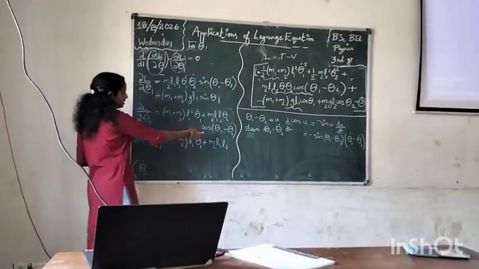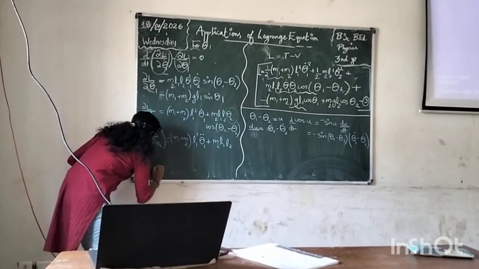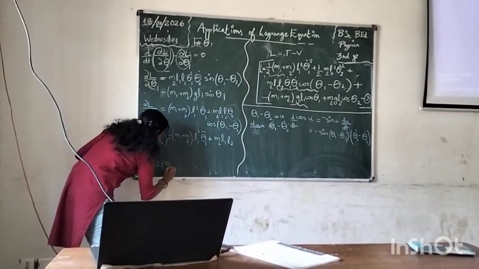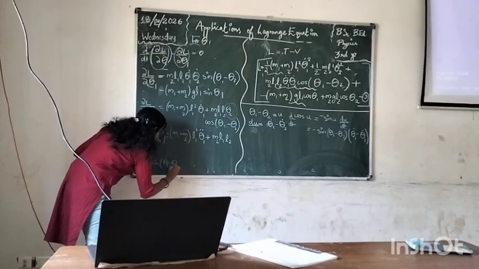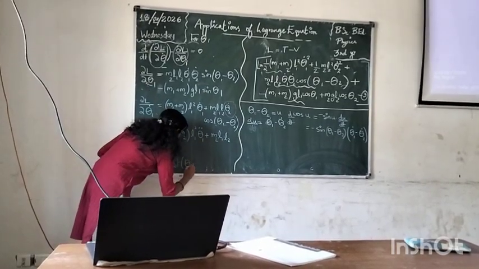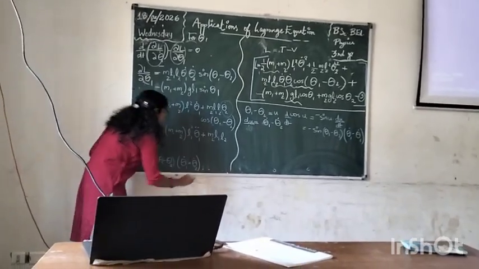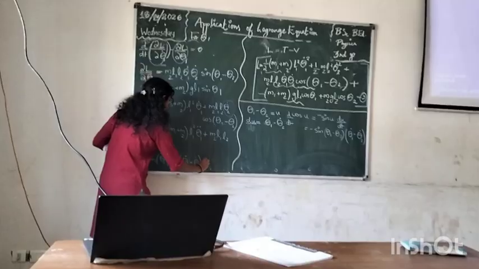So we are writing it into sin theta 1 minus theta 2 into theta 1 dot minus theta 2 dot. Then plus derivative of first term.